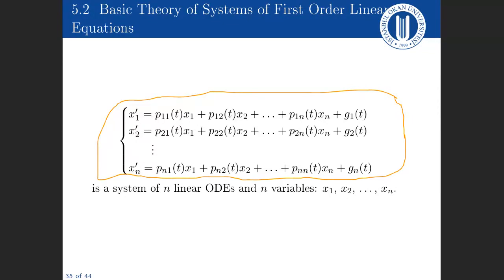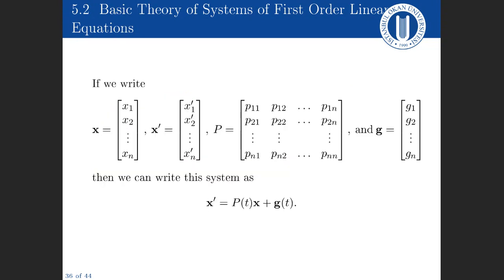Well, you've studied linear algebra, so you know, of course, how we do this. We use matrices and vectors. The vector bold x, or if I'm using a pen, I'm going to use underlined x, will be the vector x1, x2 up to xn.